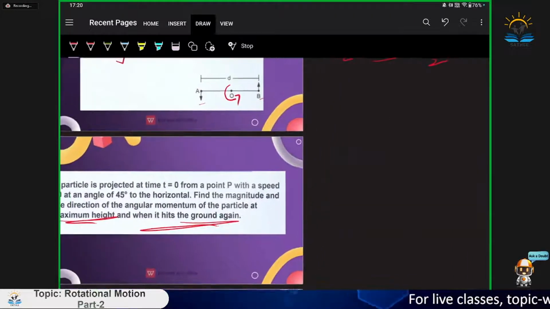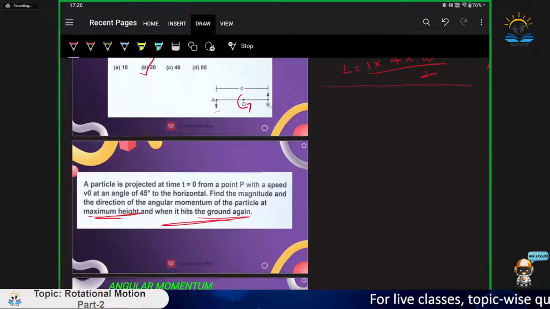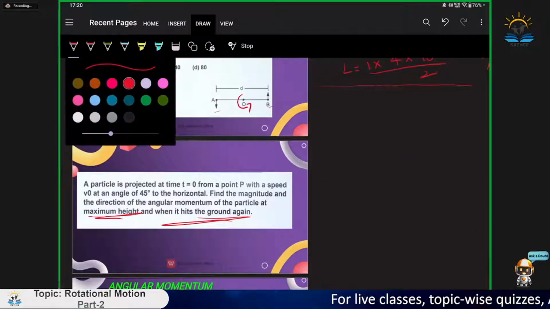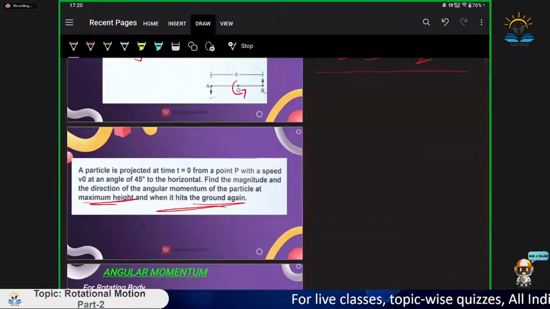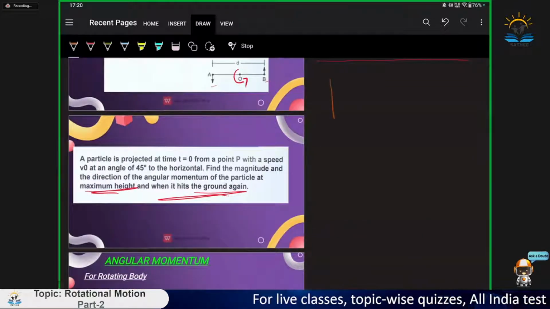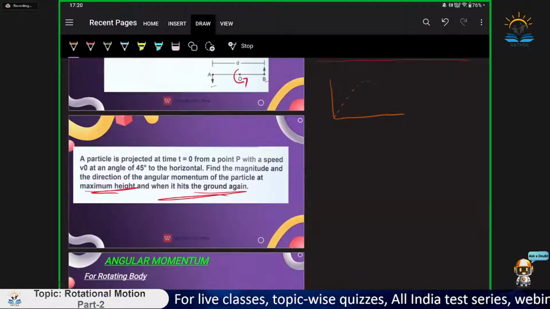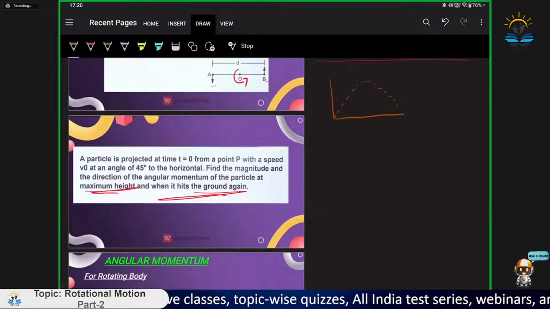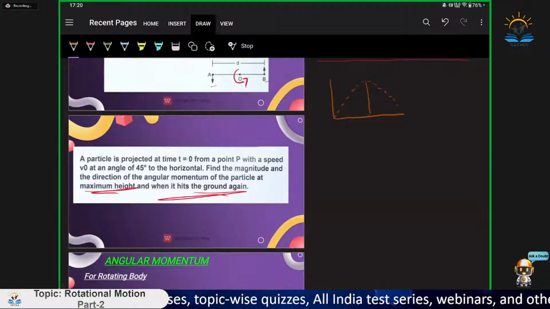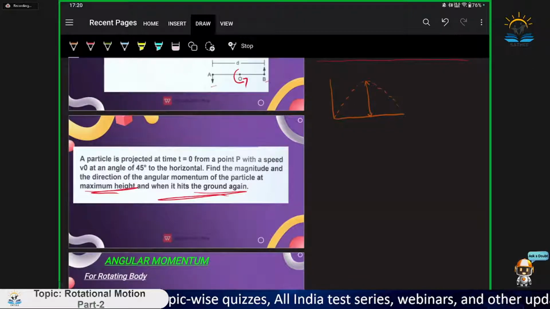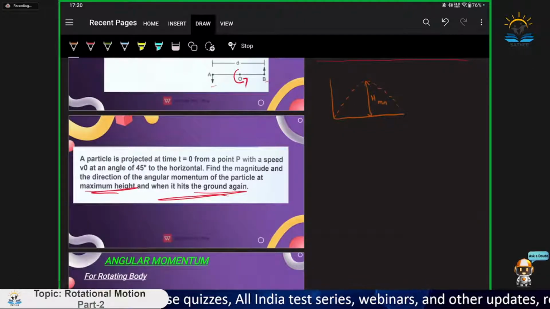So first, let's see when it gets maximum height. When the projectile is at its maximum height, this will be h max.